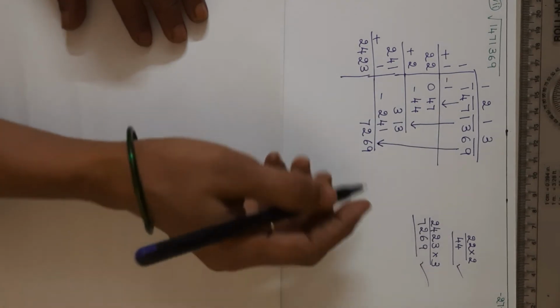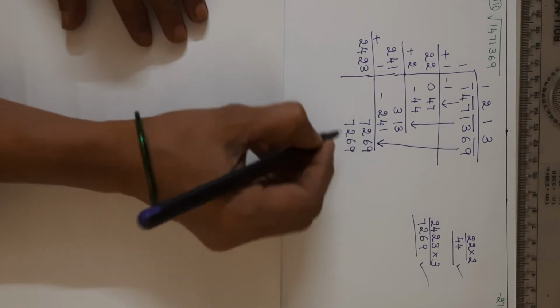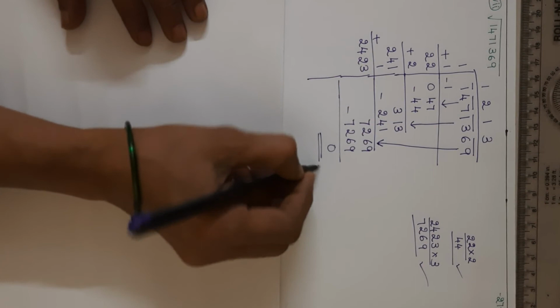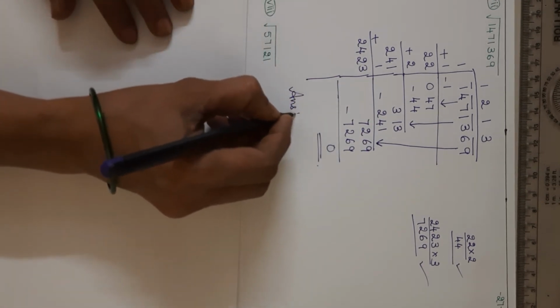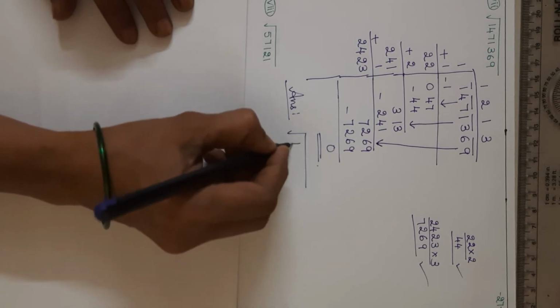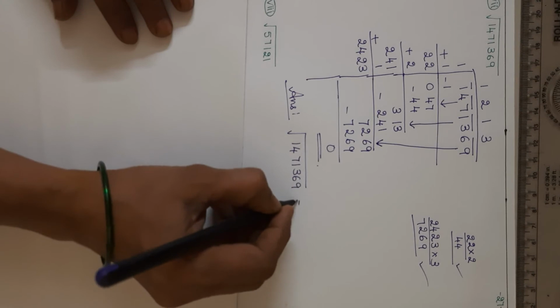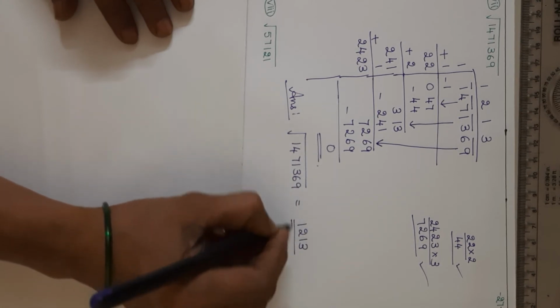So you got 2 4 2 3 into 3 is 7 2 6 9. It is simple. So the answer is square root of 1471369 is equal to 1213.